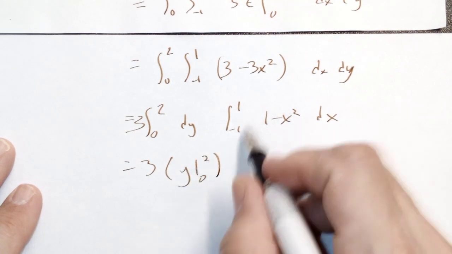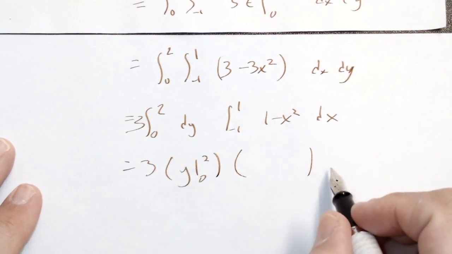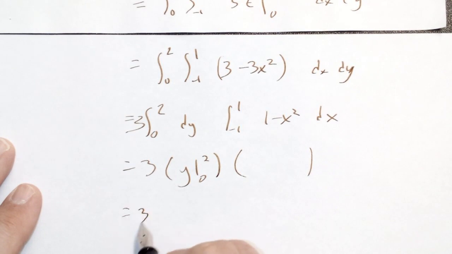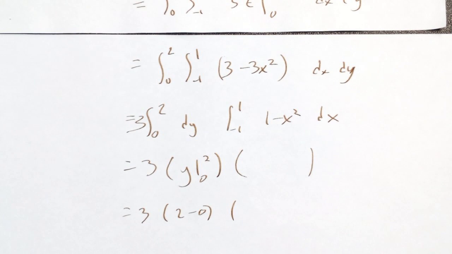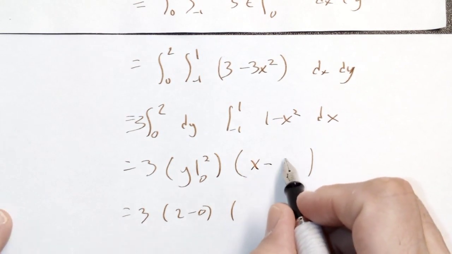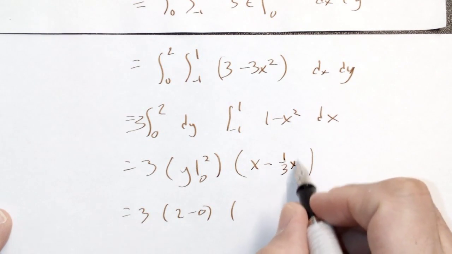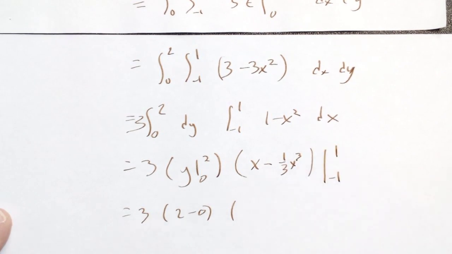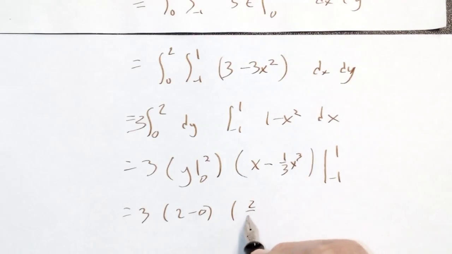So that's a 2. Here, what do I get? From -1 to 1. All right, when you put in 1, you get 1 minus a third. That's positive 2/3.